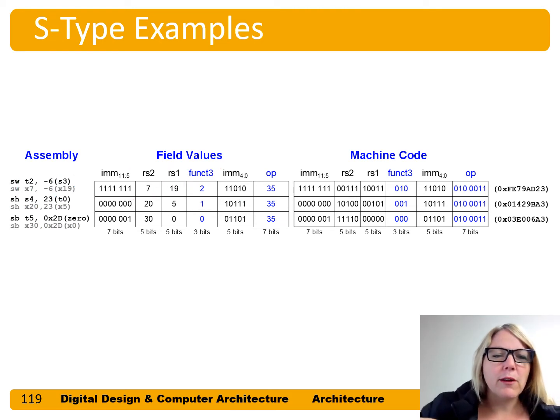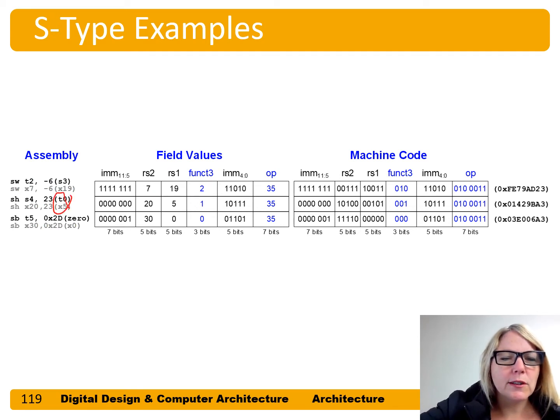And there is a similar format for the rest of these. So we have our source RS1, and our second source, the register that holds the value that's going to be stored, in this case 20. Then our immediate field is split between the high 7 bits of the address and 5 bits lower in the address.